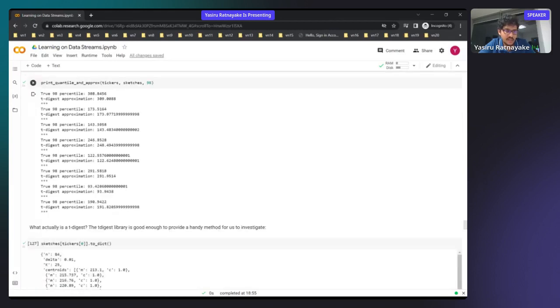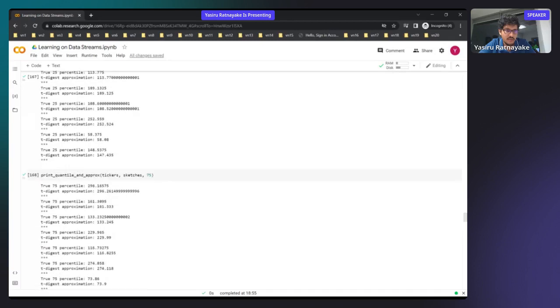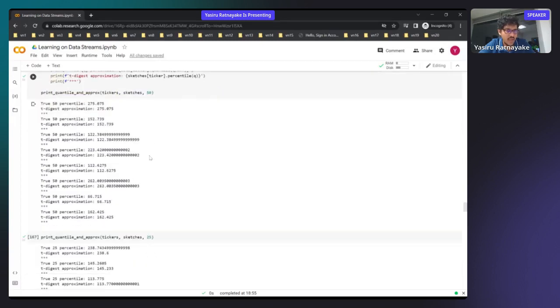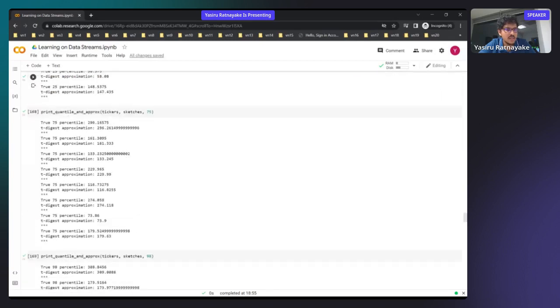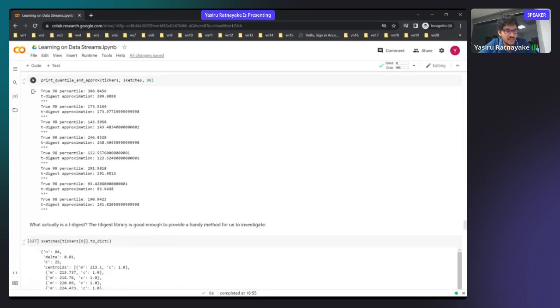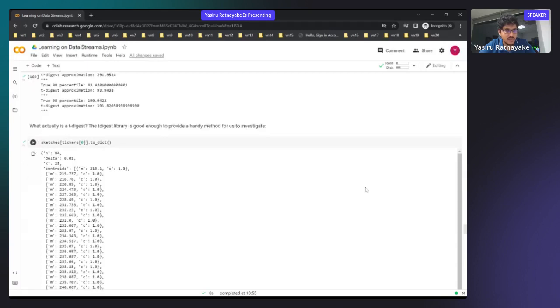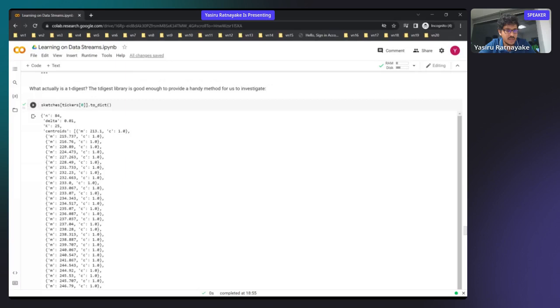The nice thing about it is that this tdigest object doesn't have just the one quantile that you care about. We only had to update the tdigest objects in one loop, but I can now query it for any of the percentiles that I care about. You can also look at the implementation through this nice two-dict method. It's relying on these centroids, so there's some sort of clustering going on.